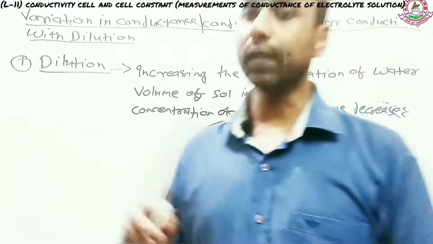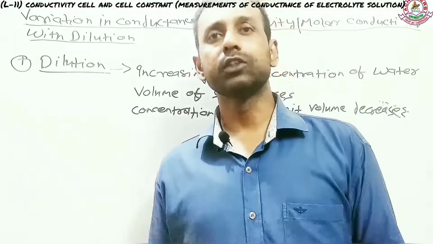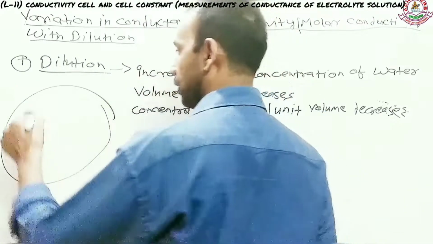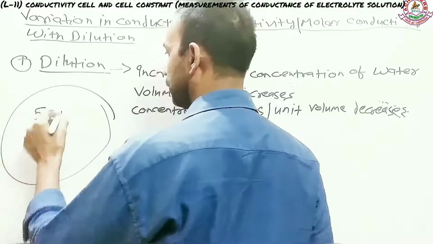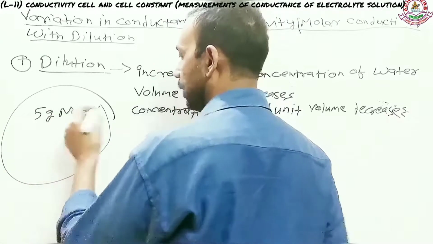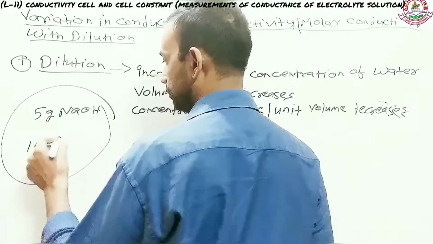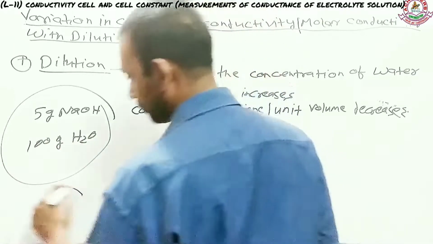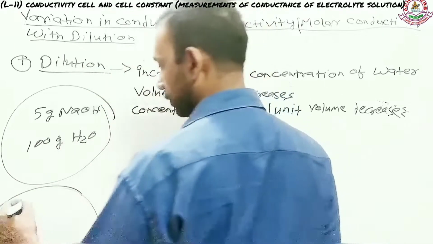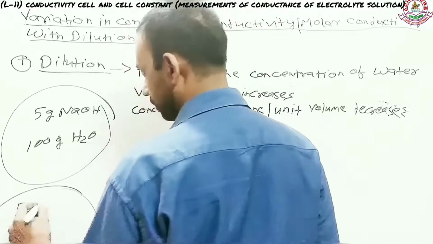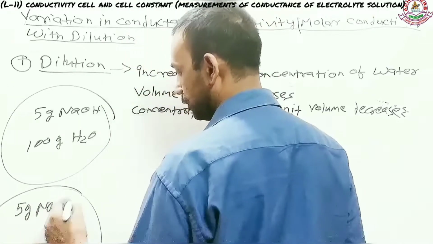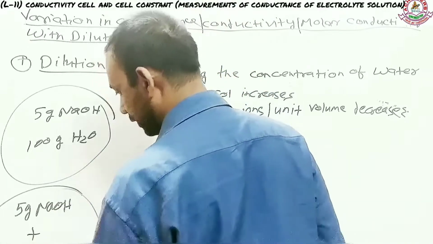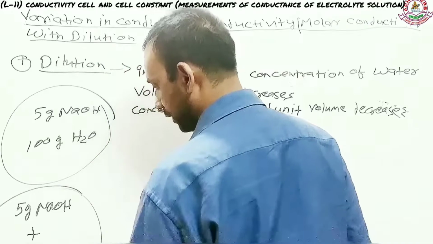If you have an electrolyte solution, suppose you have a solution where you have added 5 gram NaOH, and initially you have 100 gram water. Then you dilute the solution, so the salt remains the same, but you increase the water, like make it 500 gram H2O.